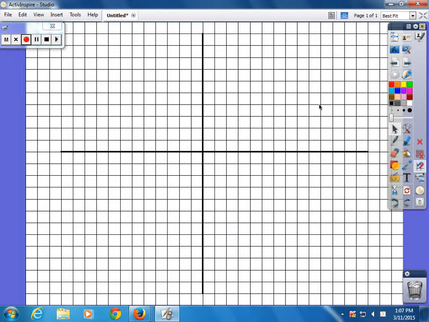It's my fault. Okay, this is what your graph should look like. Just draw a vertical line all the way down and a horizontal line all the way across, just like that, because you've got to write in each quadrant, so you have to have it big enough to where you can write in each quadrant.